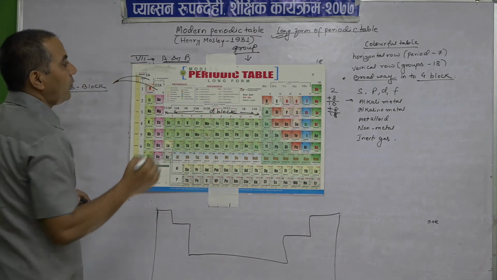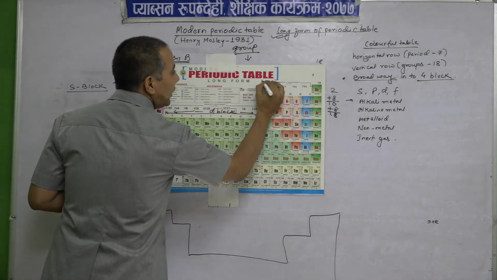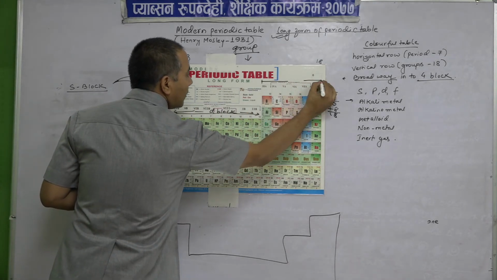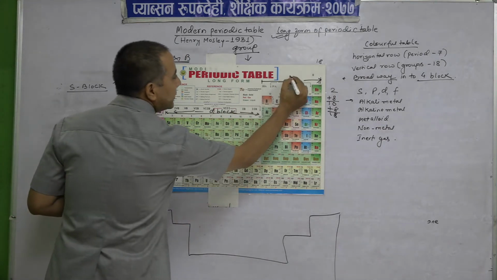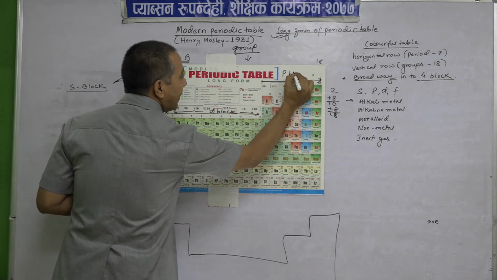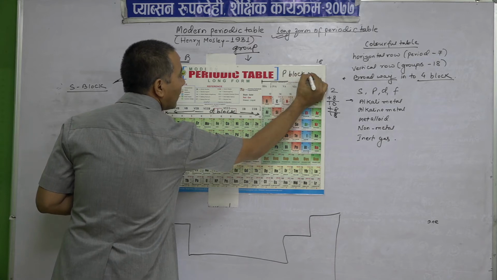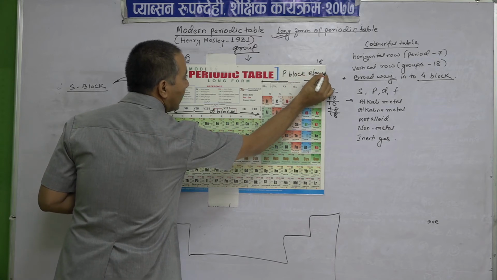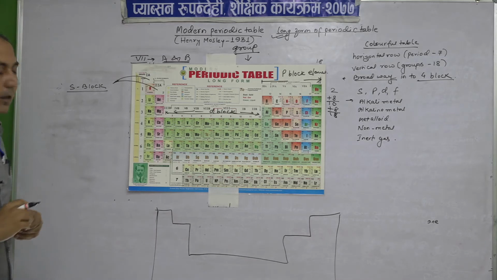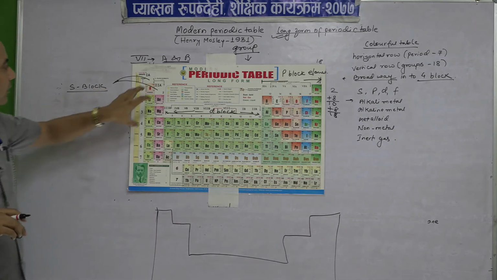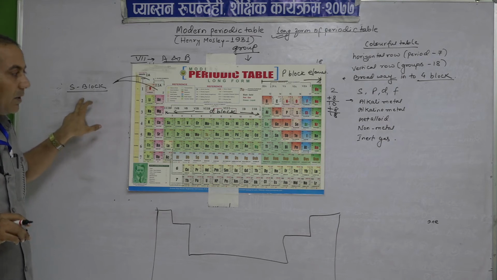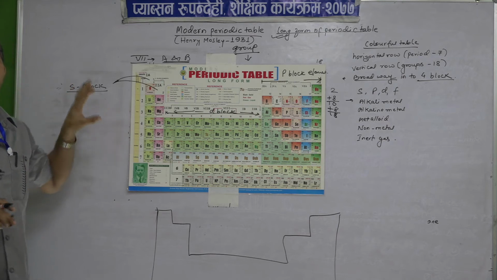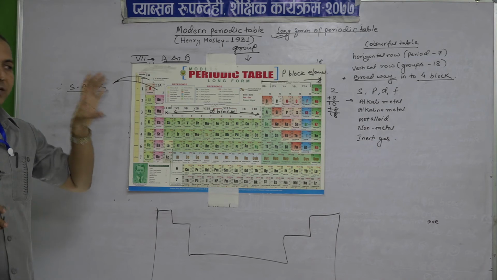Then 3A to 0 group, these are known as P block elements. So, what we find? 1A and 2A are called S block elements. Why is it called S block? What is S? What is P? What is D? What is F?